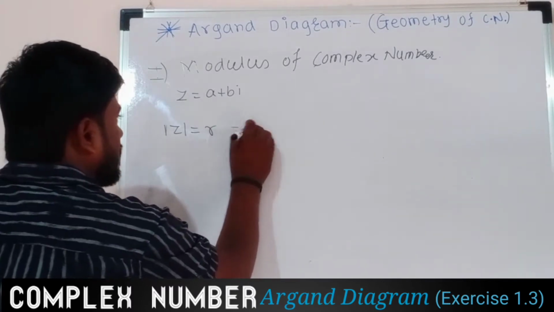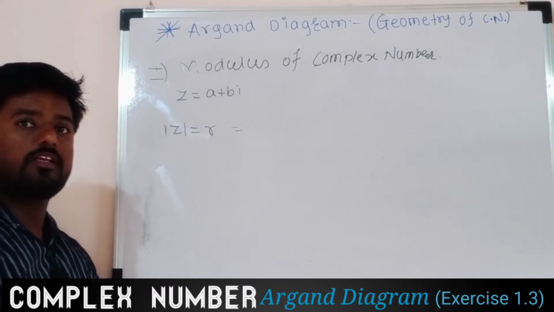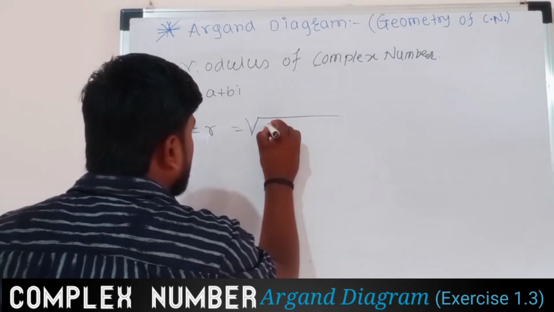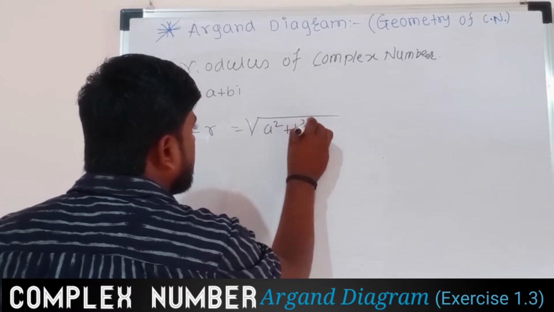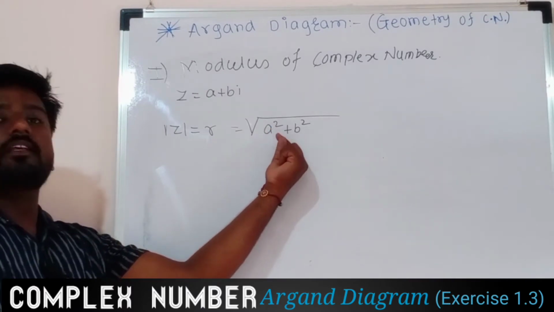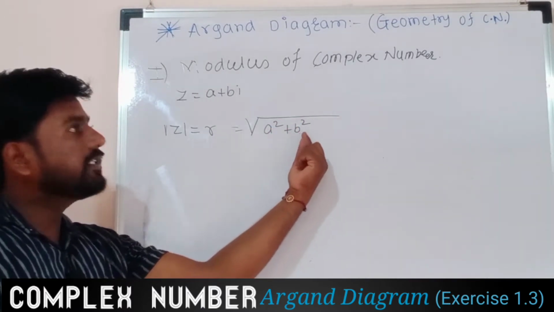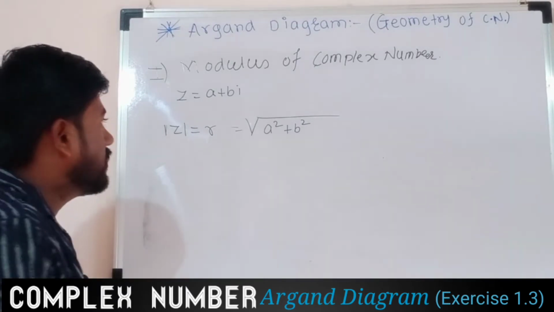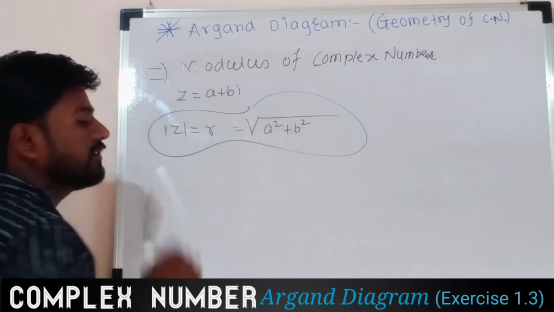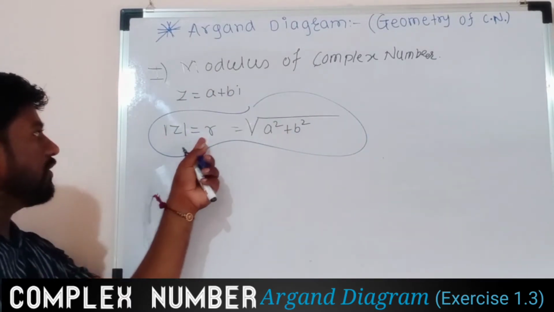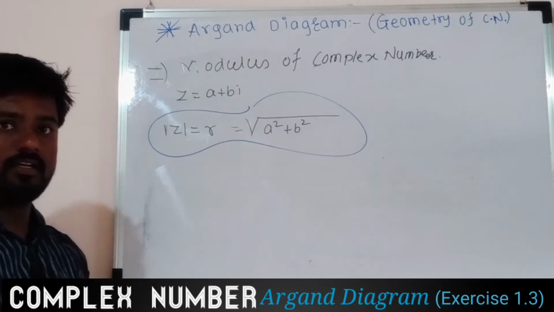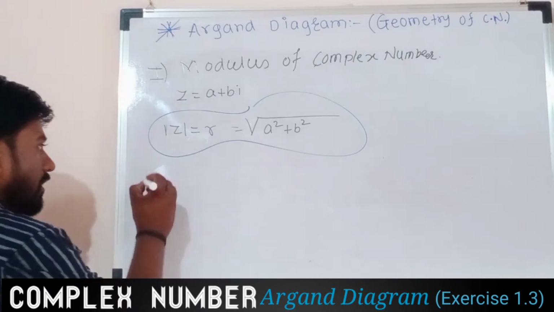The formula is the square root of a square plus b square, where a square is the real part squared and b square is the imaginary part squared. This is a simple formula: mod z equals r equals the square root of a square plus b square. Suppose I take an example.